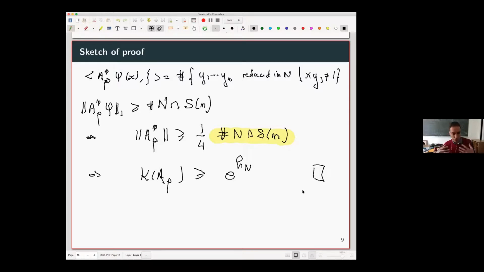So if I want to summarize again, what we did is we had an operator A, which is only counting reduced words, and we have no information on where those reduced words are going in the quotient group, G mod N. Then we introduce a new operator, which is basically the same one, but with a twist by the unitary representation in G mod N. So we expect that this representation will help us to track the element in the quotient group.